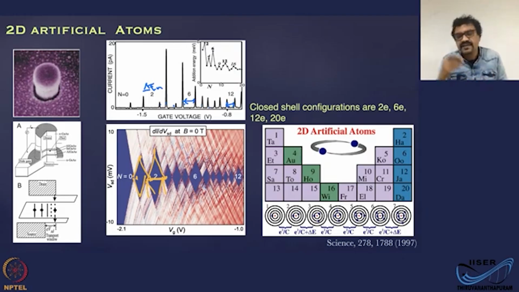Because when you vary the gate voltage, you are going to fill successive shells and you will move through the periodic table from left to right. That's what you are doing. 1 and 2, then 1, 2, 3, 4, 1, 2, 3, 4, 5, 6, and 8 at last. Okay? That's what it is.